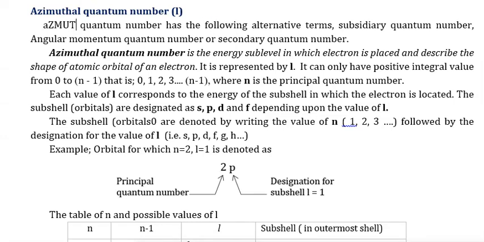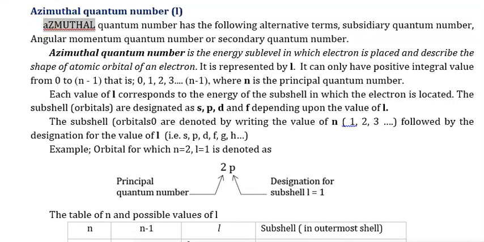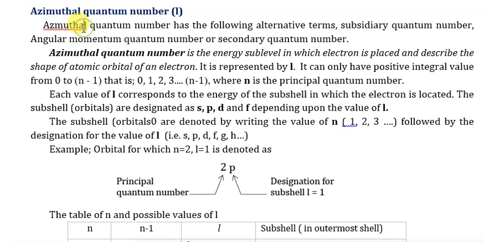So azimuthal is the best to me, that's why I prefer using azimuthal. Kutoka kwenye azimuthal tumesema sometimes can be called subsidiary, can be called angular momentum, or secondary quantum number.